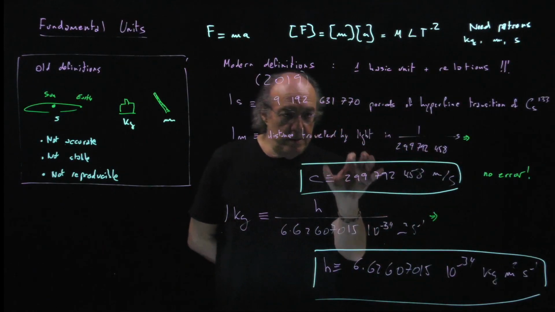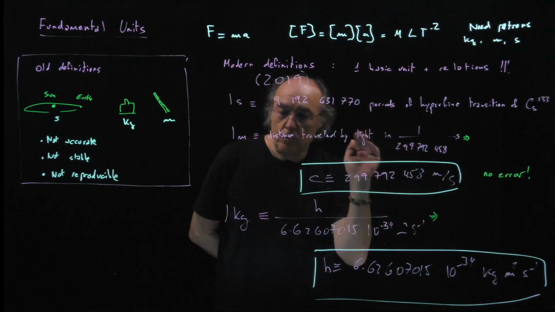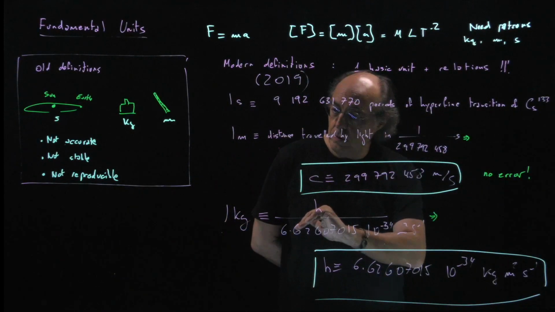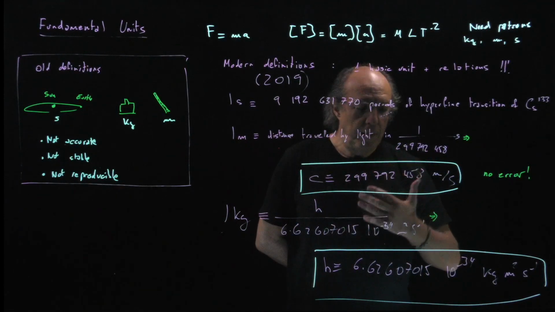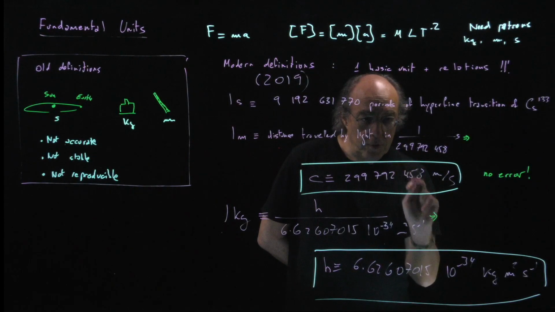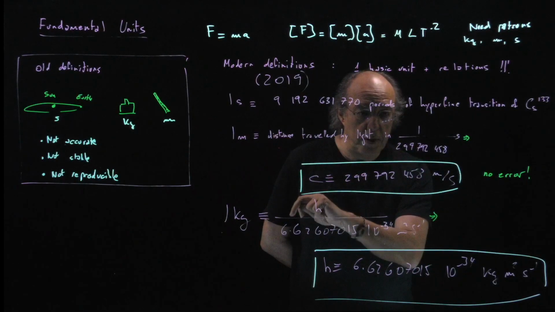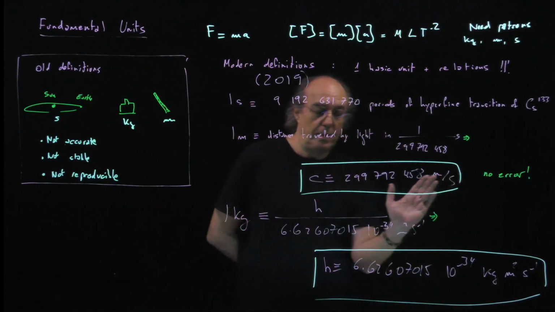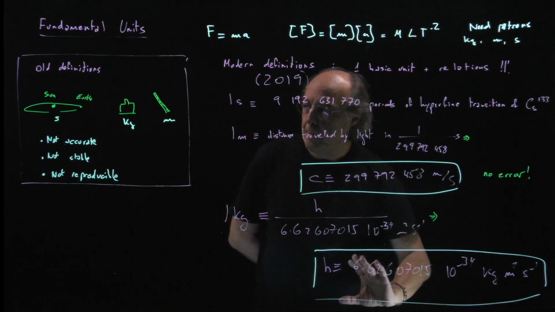So the very basic fact of why we have chosen these numbers is to maintain continuity with the previous science. We don't need to kill all our equipment, we can continue. But from now on, it's much more precise. So these numbers were chosen to be more precise, with more digits than any previous measurement. That's why you can make the continuity of this thing. So this is the fundamental fact.